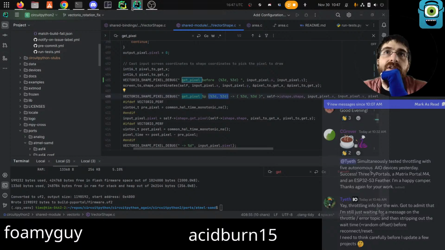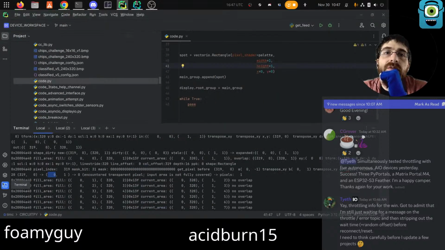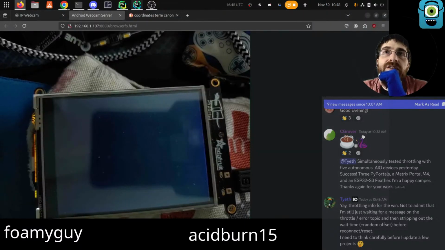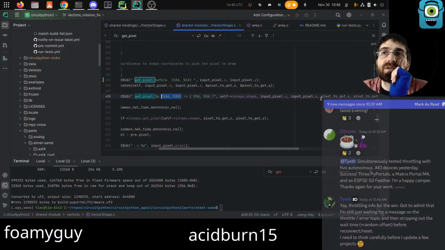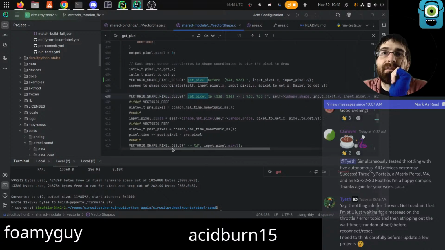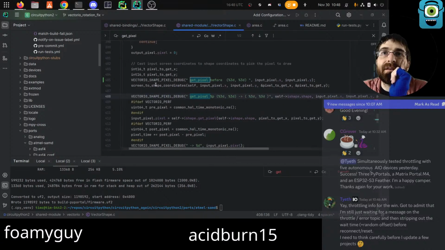And that's where our 319, 0 is. And from that, it says pixel to get. So it's going from the screen coordinates back into the shape coordinates. Yeah. Okay.